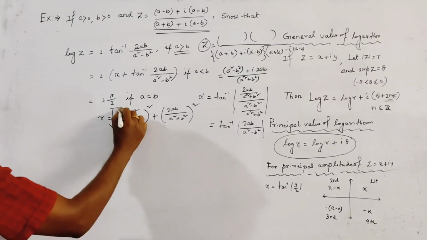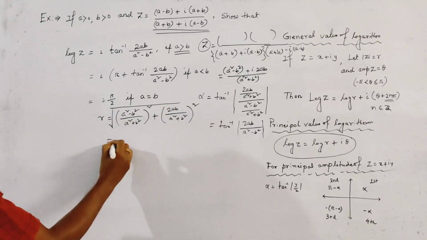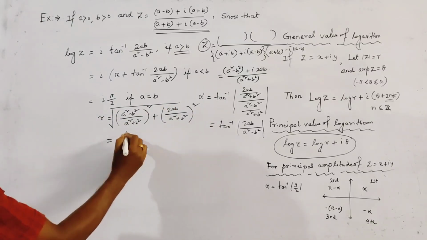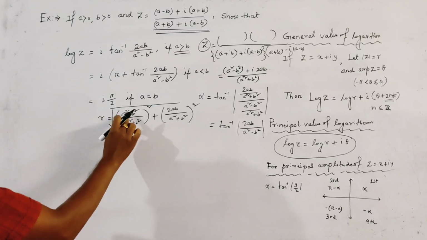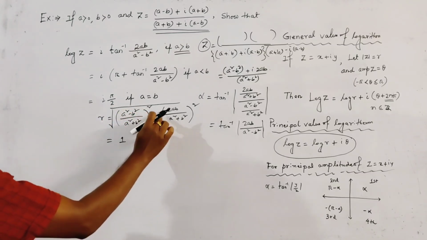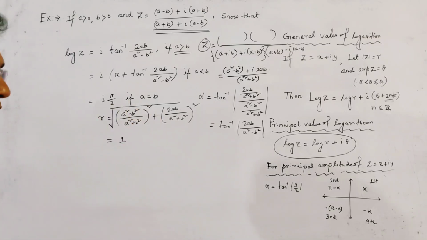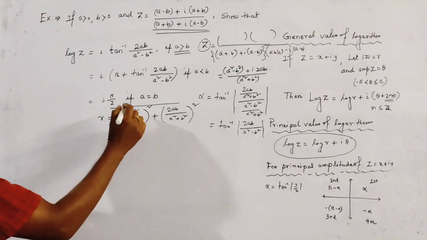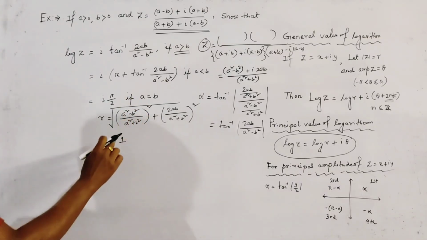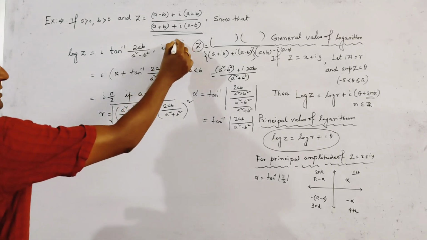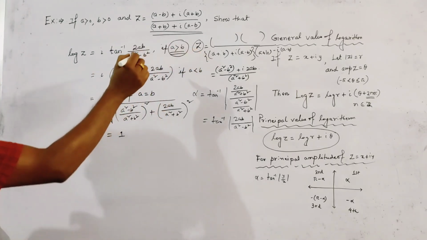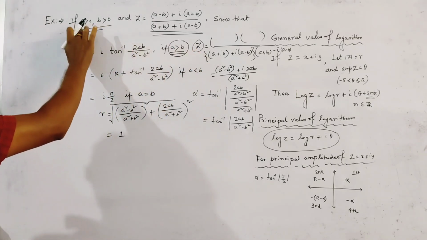Clearly it is 1, because the upper term is a minus b whole square plus 4ab, and the lower term is a plus b whole square. So cancelling numerator and denominator, we get 1. In the first case, a greater than b, it is given in the problem that a and b both are positive.